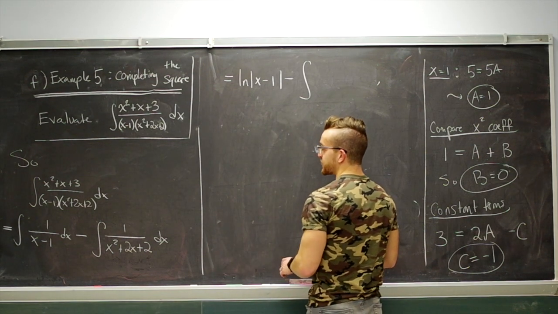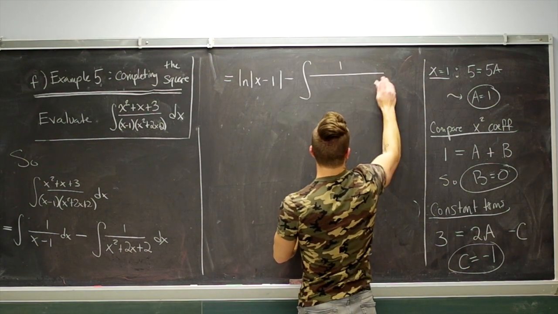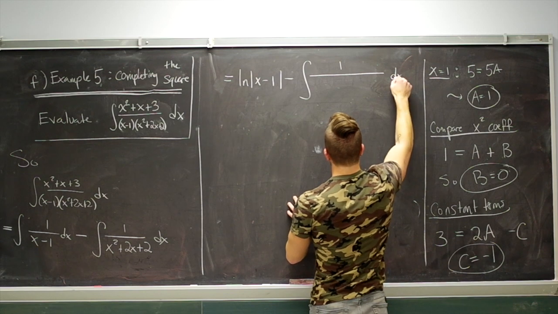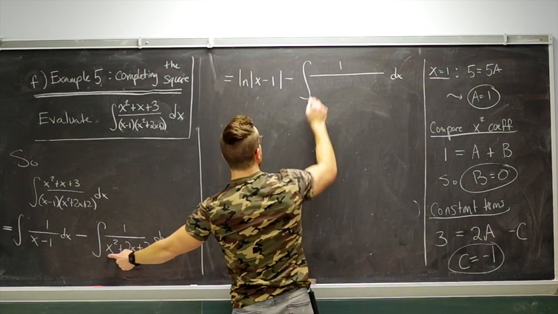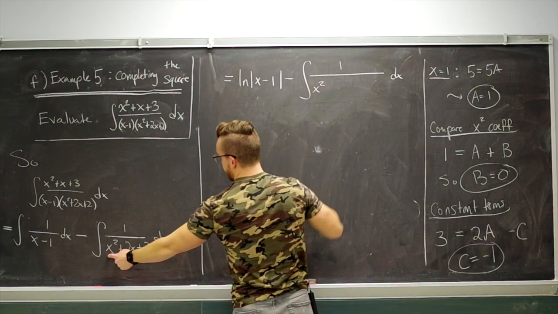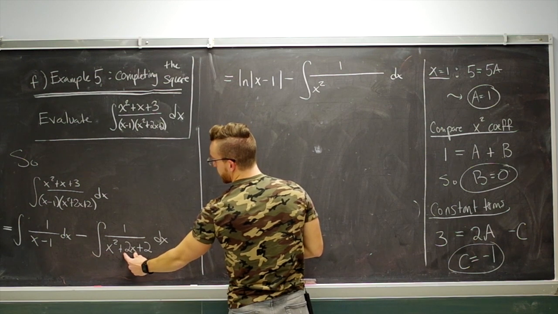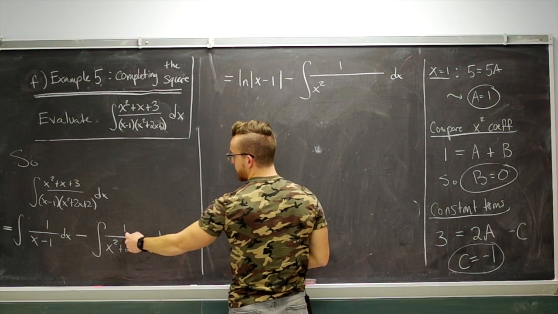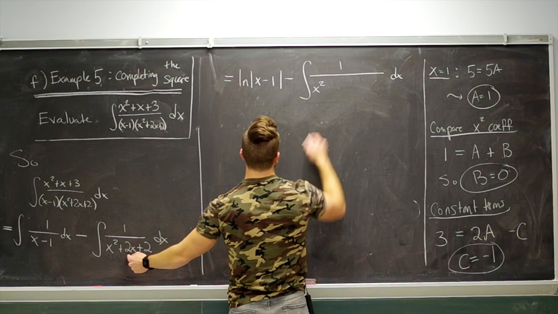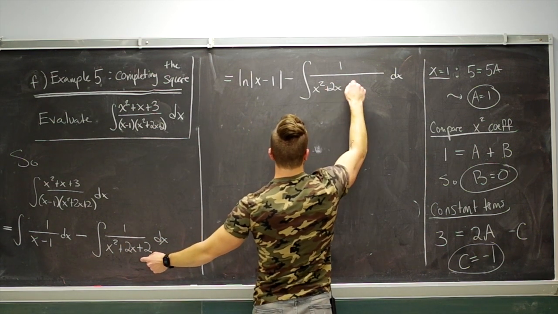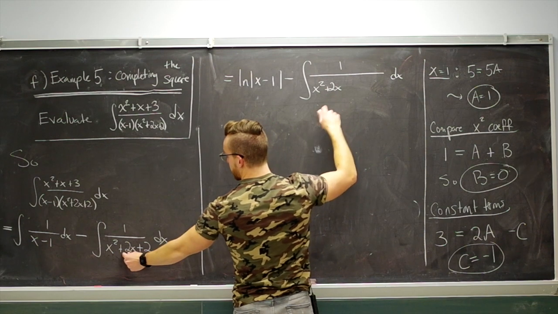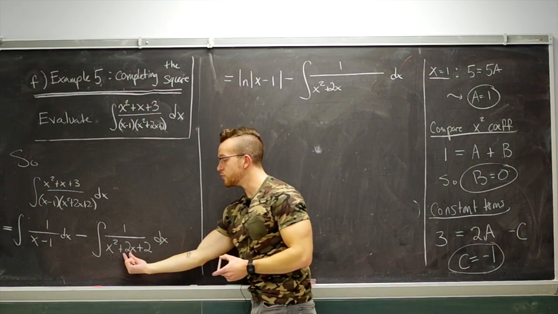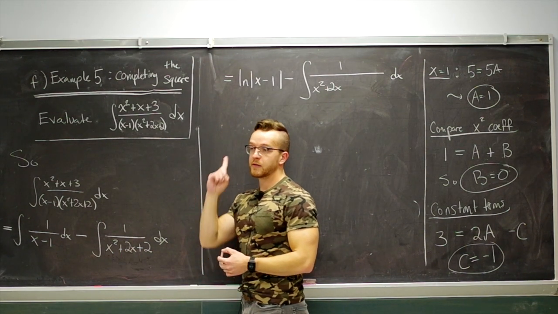To complete the square, what's the algorithm? Whatever the term in front of x is, take this, divide by 2, which in our case, 2 over 2 is 1.